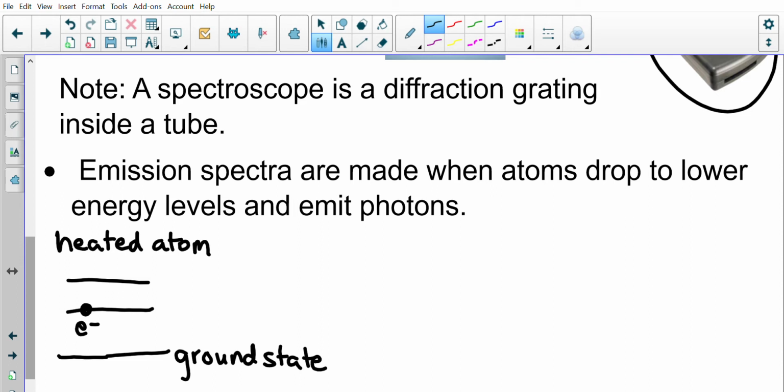As soon as they move up to a higher energy level, they go, oh, I don't like it up here. I want to move back down to the ground state, because naturally electrons want to go to the ground state because that's where they're most stable. So then this electron that I just drew is going to make a transition back to the ground state. And when that happens, we end up with a photon, and we see that photon as light.